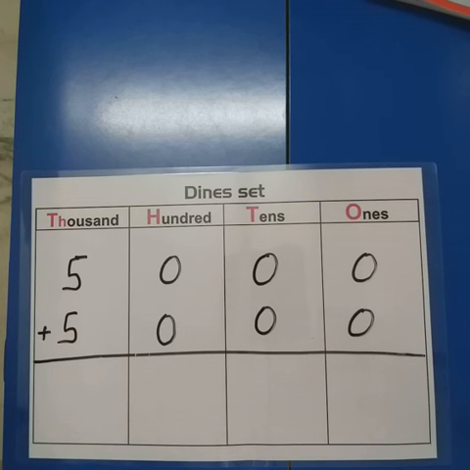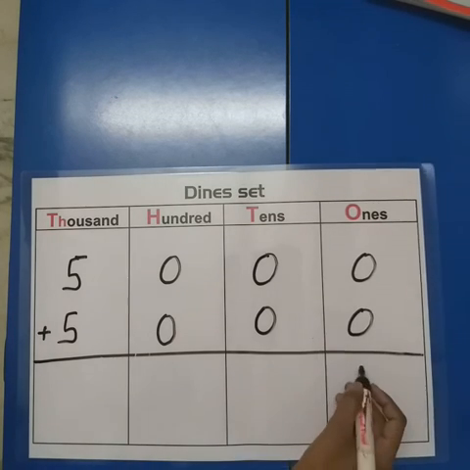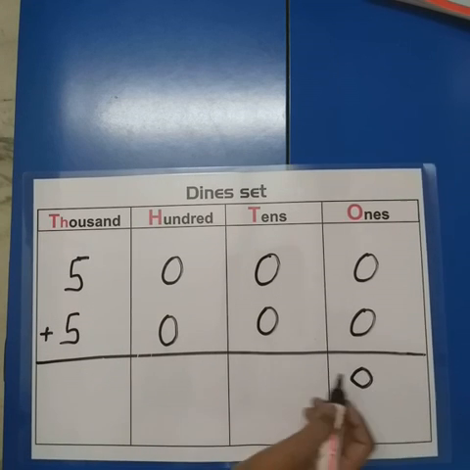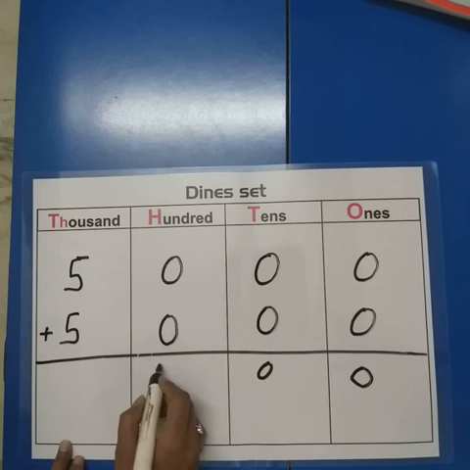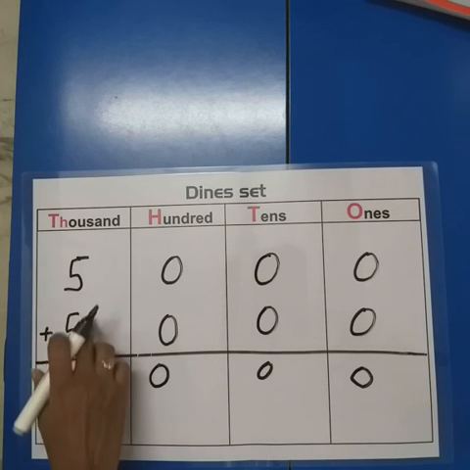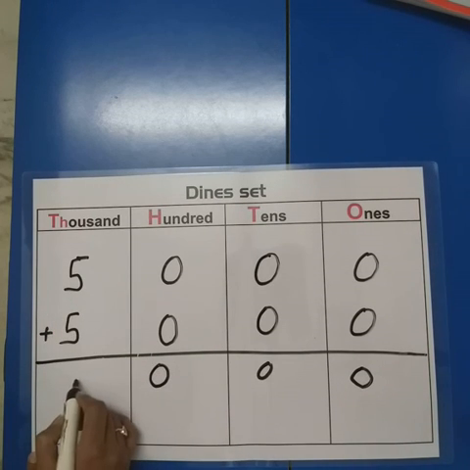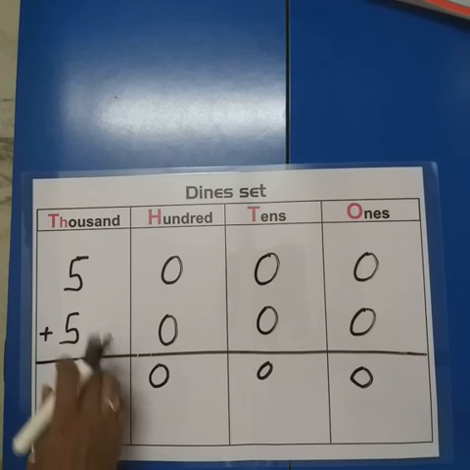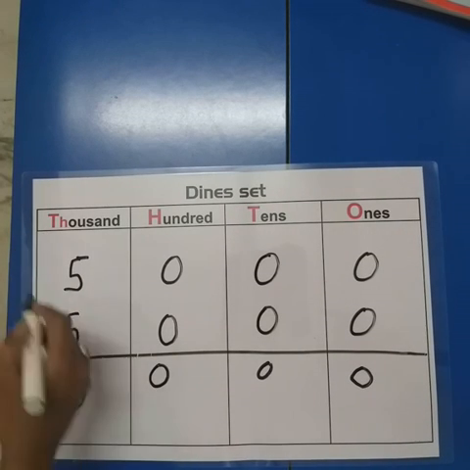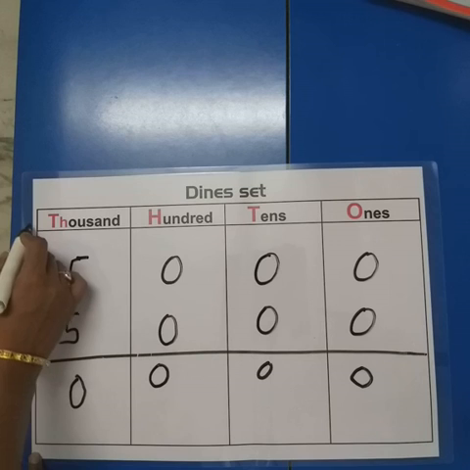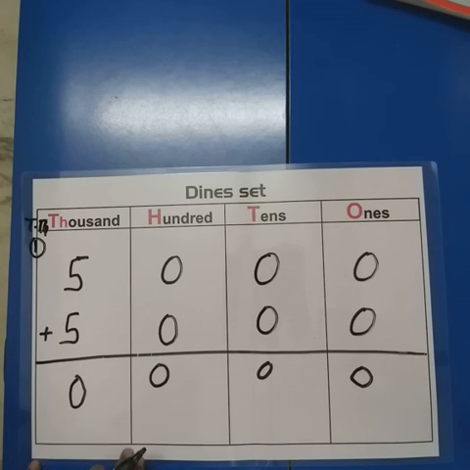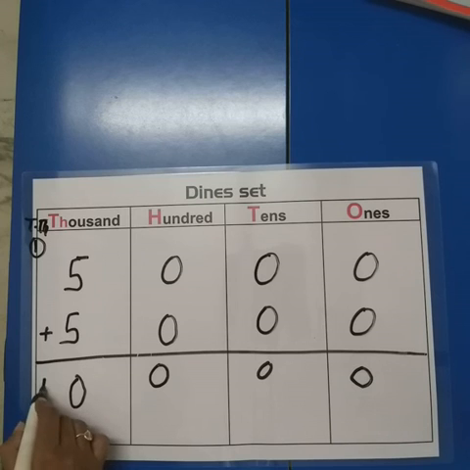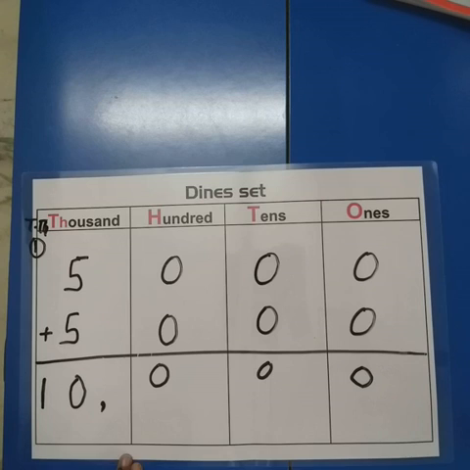So let's add both numbers. 0, 0, 0 and 5 will become 10. Now in the thousands place we will put a carry to the 10,000s place. Now the number is 10,000.